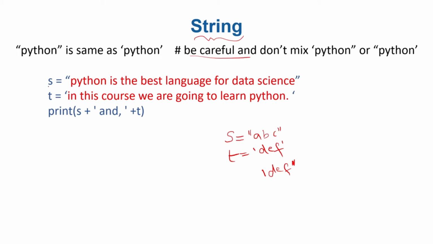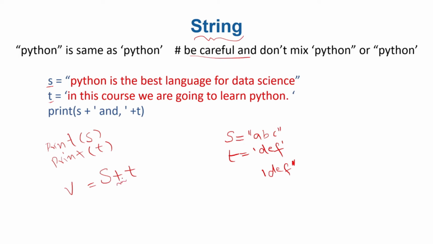So let's say this s is a string: Python is the best language for data science. Let's say t is another string that is defined by single quotes: in this course we are going to learn Python. Then you can print s in different ways. You can call print on s, you can call print on t, or you can add the two string variables s and t, and the result is a new variable, v.